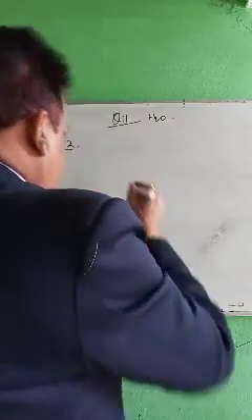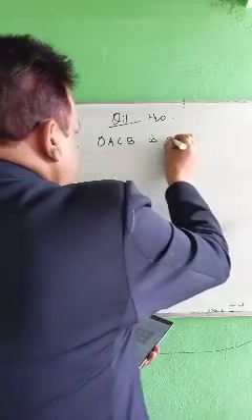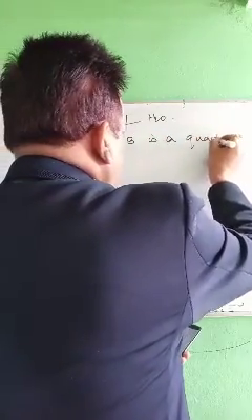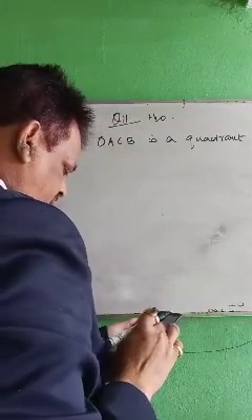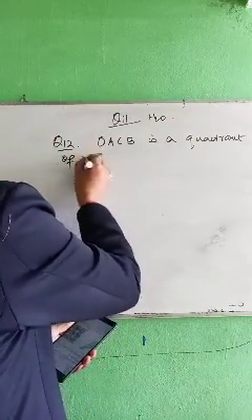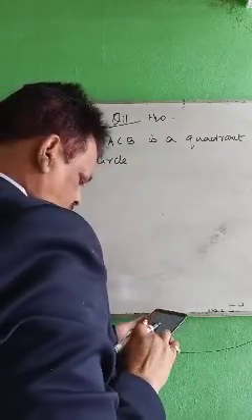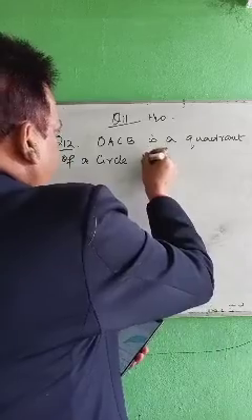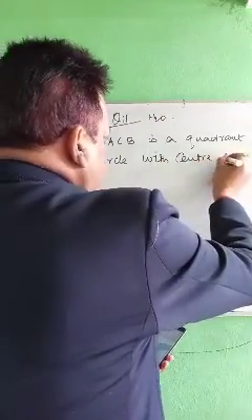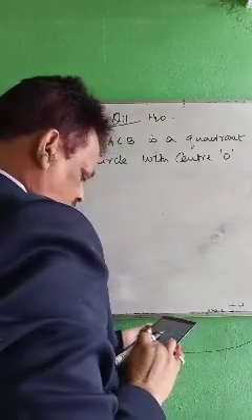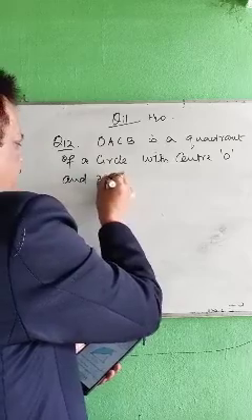OACB is a quadrant of a circle with center O and radius 3.5.